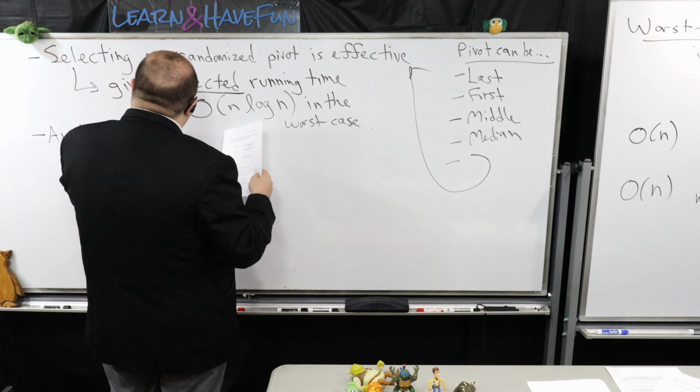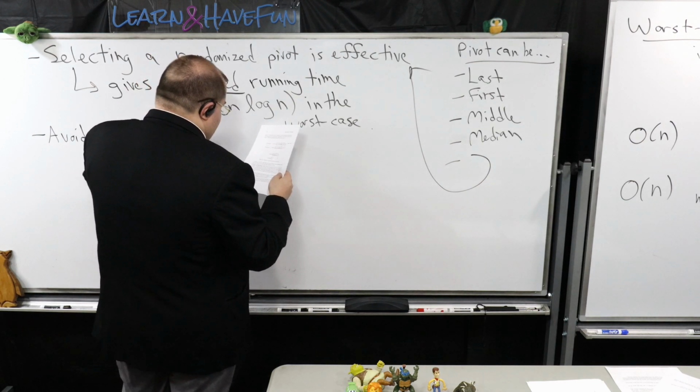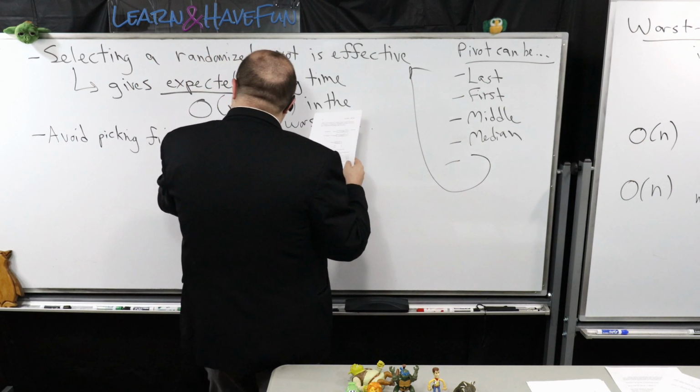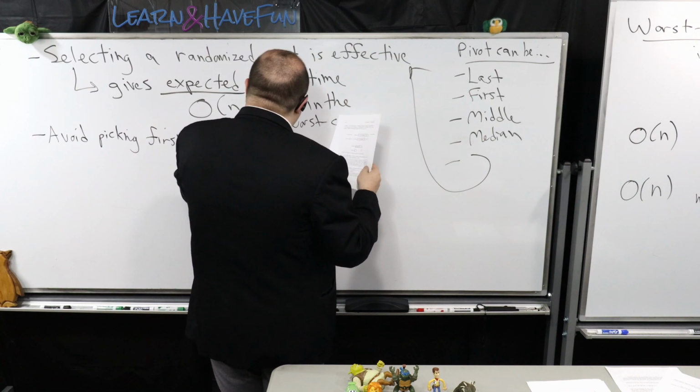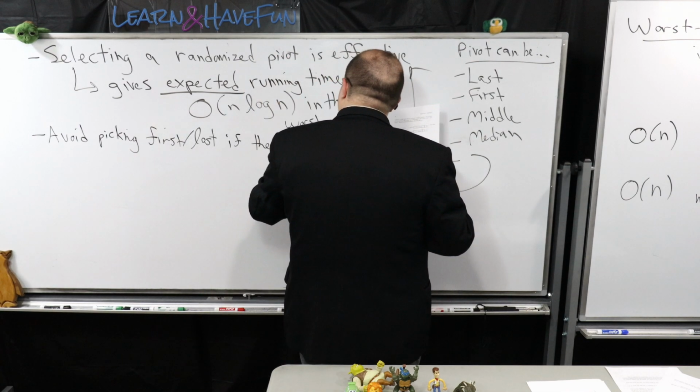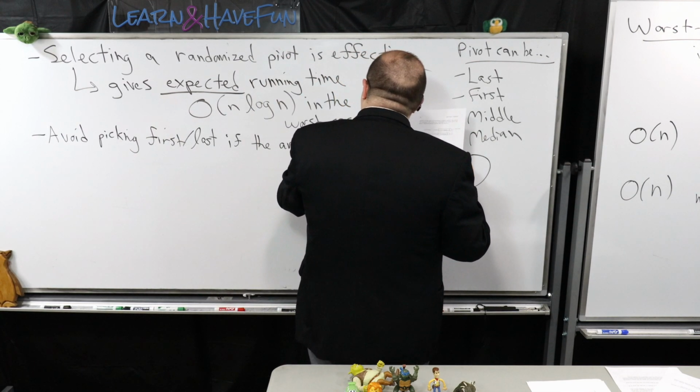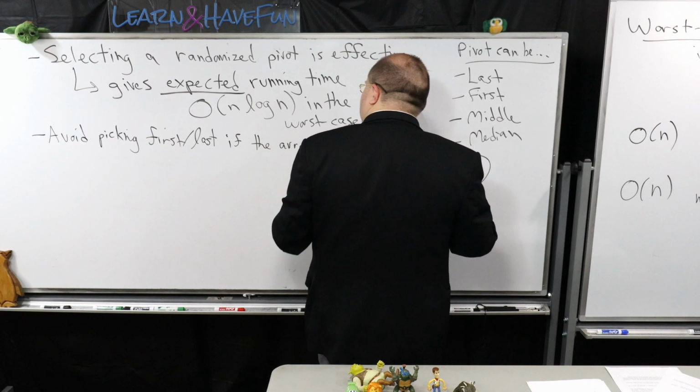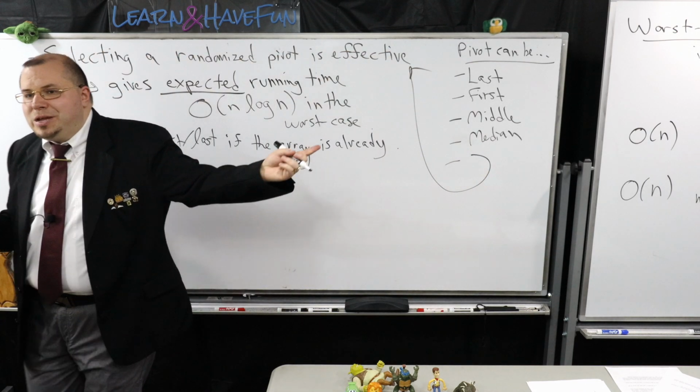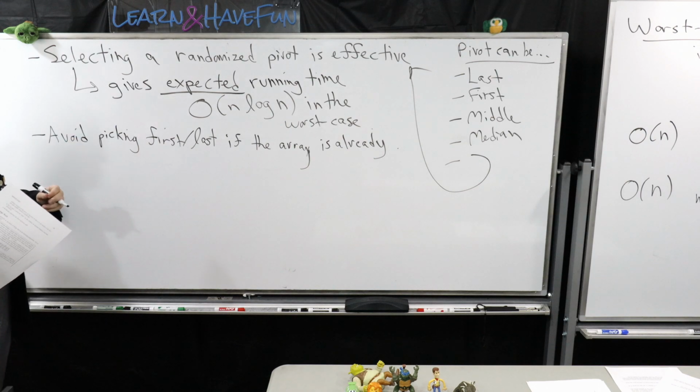The first or last if the array is already sorted. Because if you pick the first element in an already sorted array, it'll just be the mirror version of the instance I gave you over there.